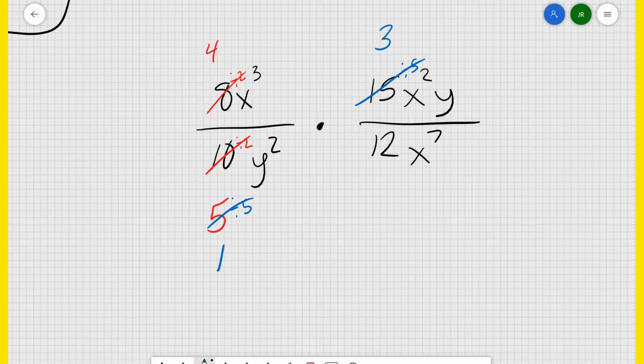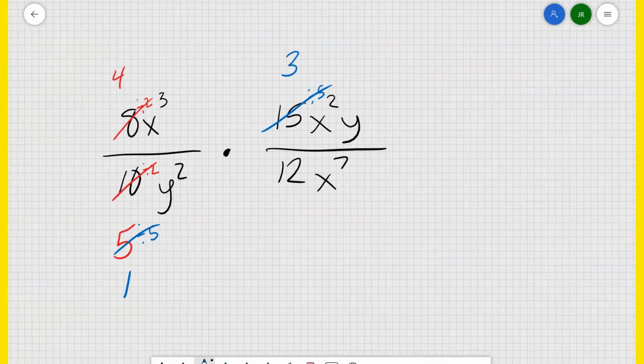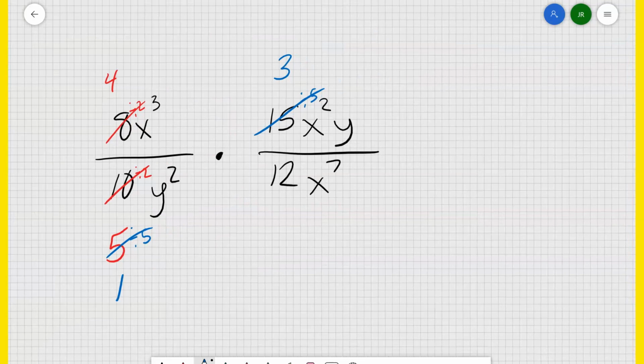What else could reduce? The 4 and the 12 could reduce, or the 3 and the 12 could reduce. And it doesn't matter which one you pick. You're going to end up with the same answer at the end anyway. I think I'll go with the 3 and the 12. I'll divide those both by 3. And that becomes a 1, and that becomes a 4.